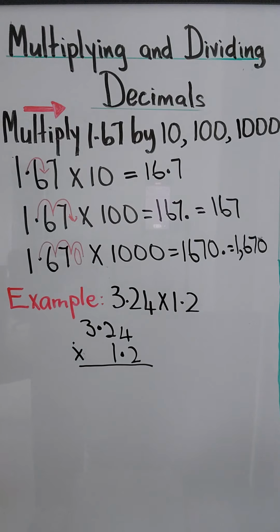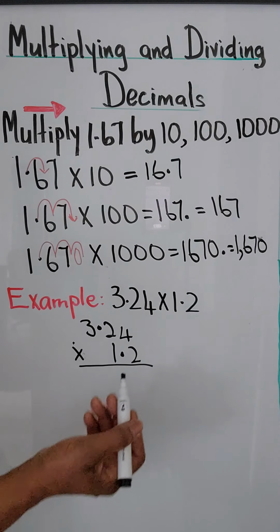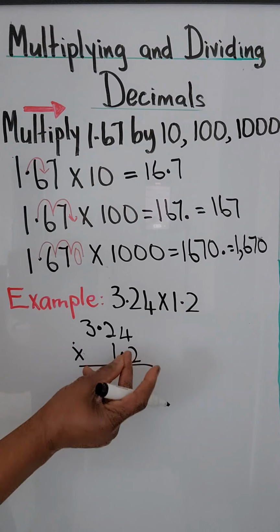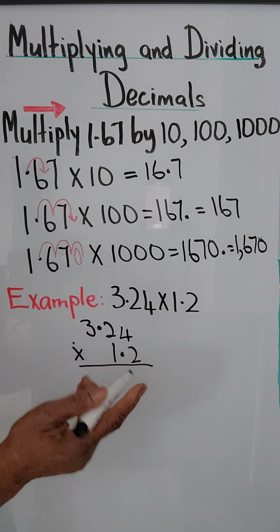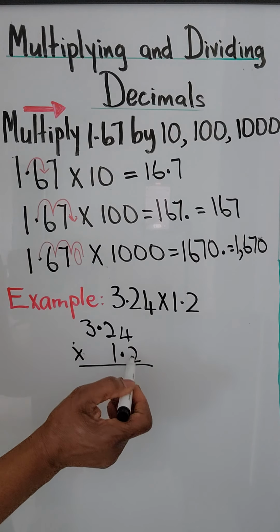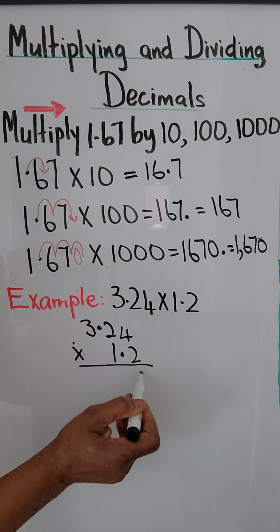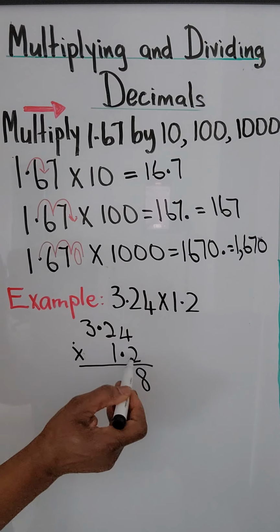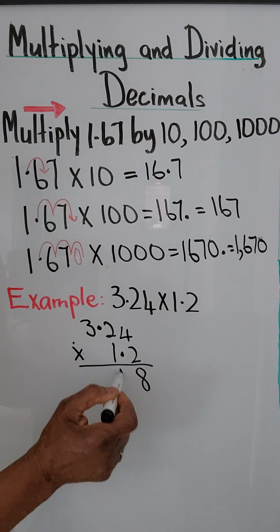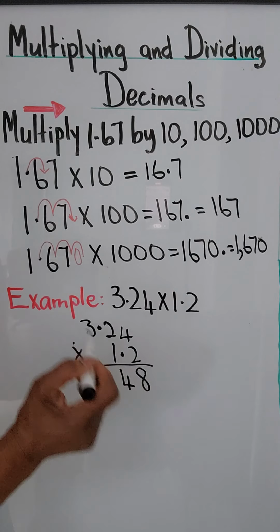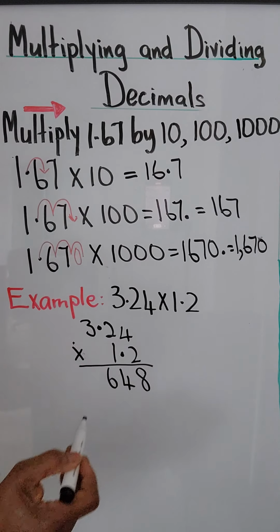So we're going to start multiplying, and we multiply from right to left. 2 times 4, 8. 2 times 2, 4. And 2 times 3, 6.